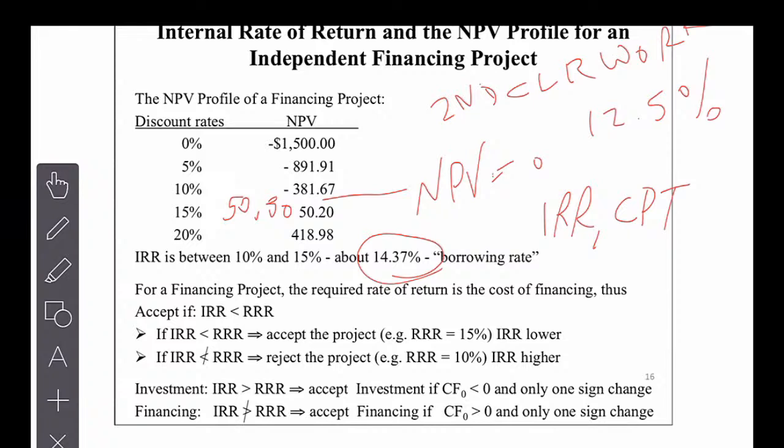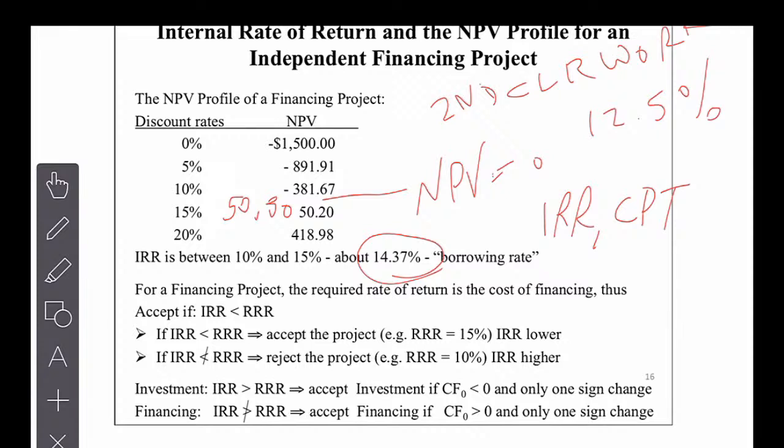Okay? So we should only accept the project if the internal rate of return, if the required rate of return is higher than that. So what are we saying here? When you borrow up front, you like to have a low rate, correct? You want a low rate.